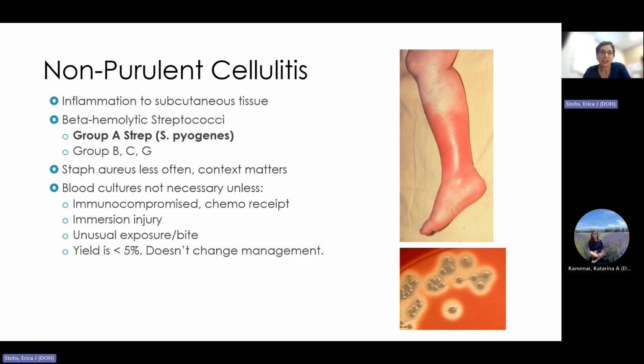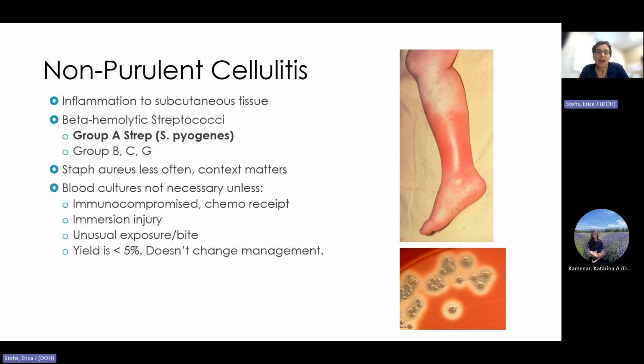In this example of non-purulent cellulitis, you can see one leg with erythema. If we were to touch it, it would probably be tender and warm. You can see there's probably some spreading, but no pus involved.